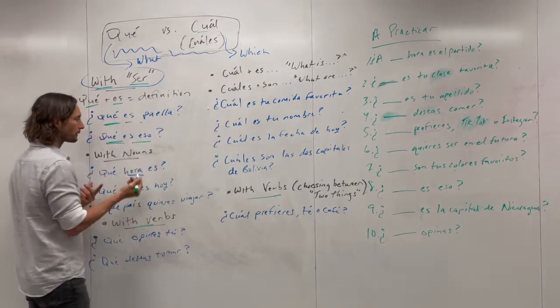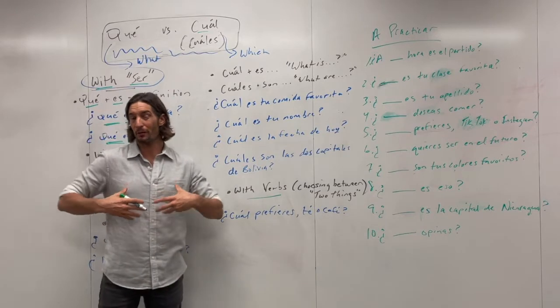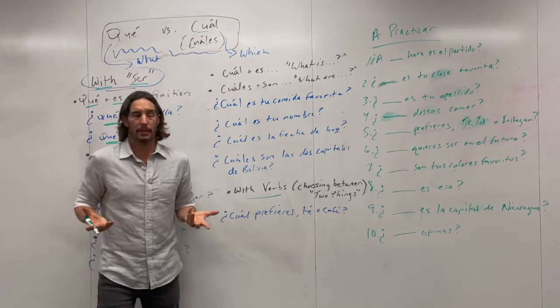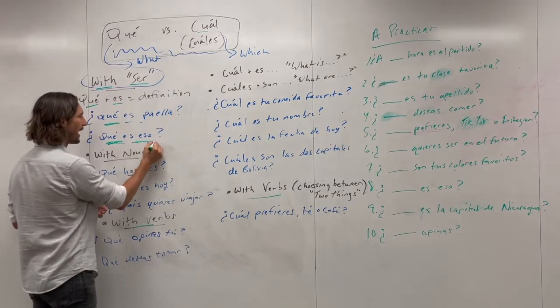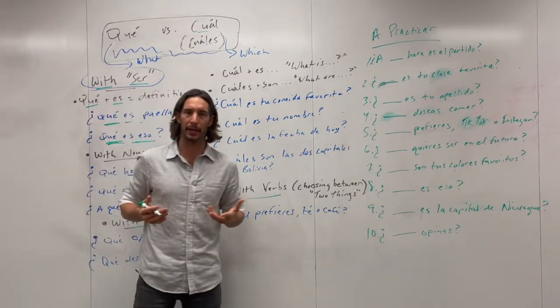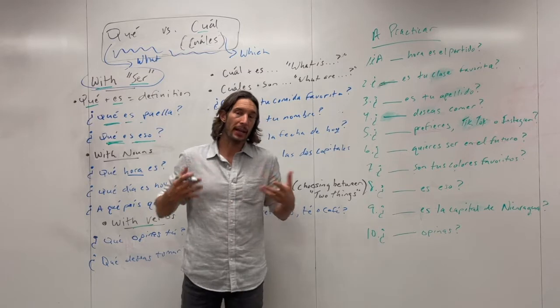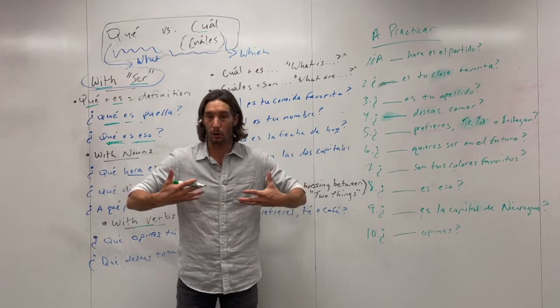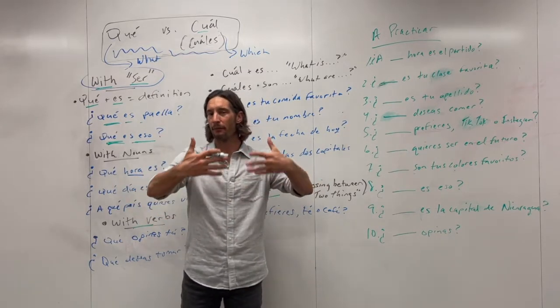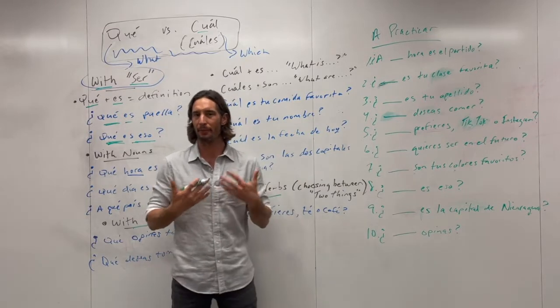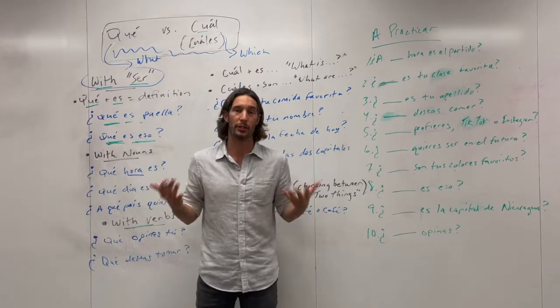Another one, which is just a sort of generic, what is that, right? That's what ¿qué es eso? is. Like, you see something and you're like, what is that over there? ¿Qué es eso? Again, you don't know what it is, so you are trying to get information or a definition or an explanation of something, right?